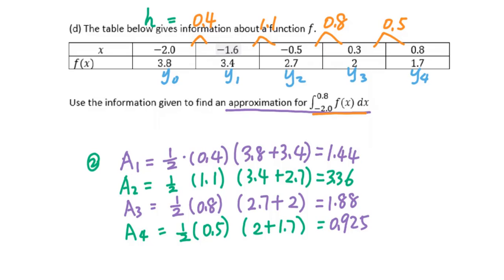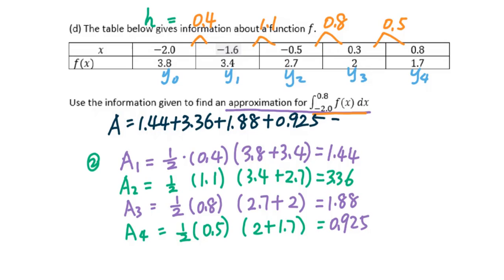After you figure out A1, A2, A3, A4, you just need to add them together. Therefore, A equals 1.44 plus 3.36 plus 1.88 plus 0.925 equals. The answer will be 7.61.